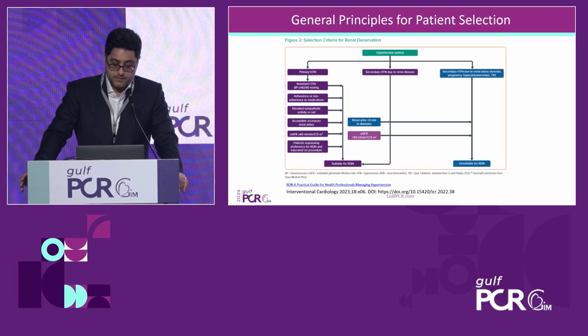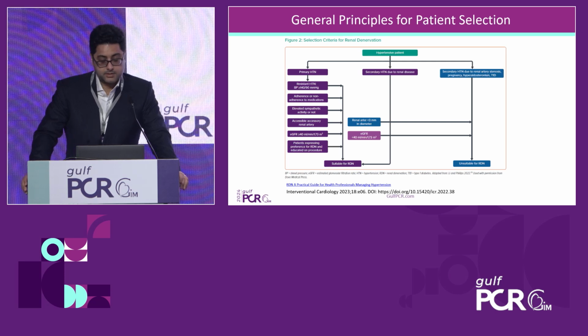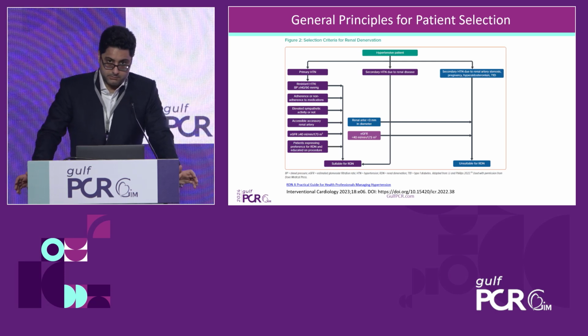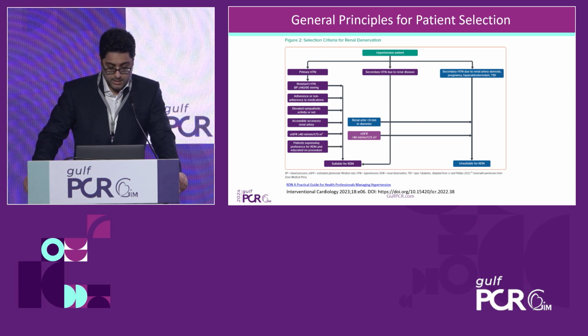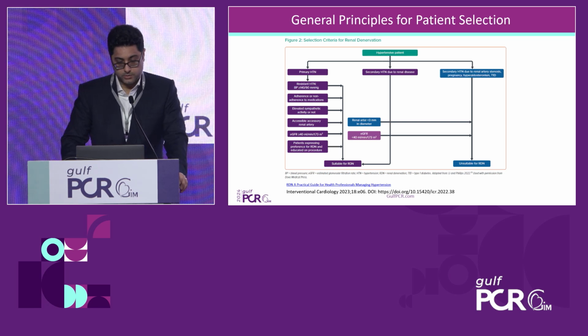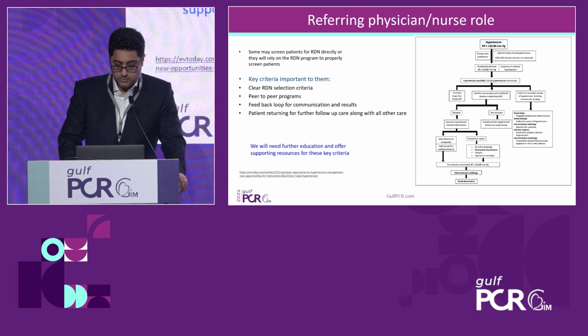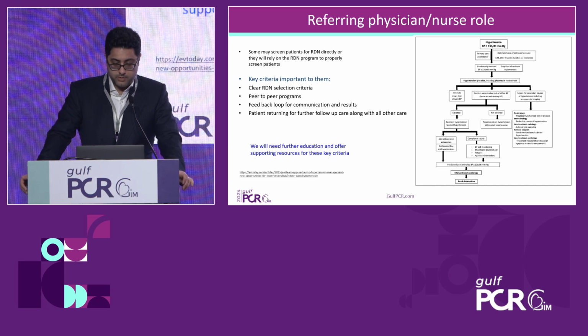Whether they have elevated sympathetic activity or not. Look at their GFR. If their GFR is low, then they're obviously excluded. And patients expressing preference for RDN and whether they're suitable for RDN or not. So this is basically the pathway for referrals.